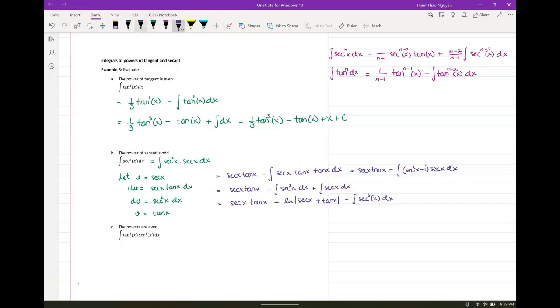So note that we started with the integral of secant cubed of x dx on one side, so I can just put it back here. This means 2 times the integral of secant cubed of x dx is equal to secant of x tangent of x plus ln of secant of x plus tangent of x.